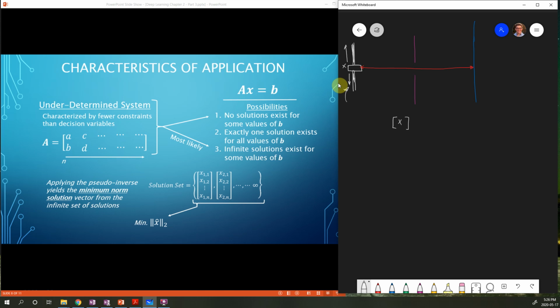And then you have a constraint. The constraint is this barrier, and we can represent it with just one equation. It's encapsulated by this equation. And then lastly, you have your target. We want to hit the target. This is how the analogy would work.